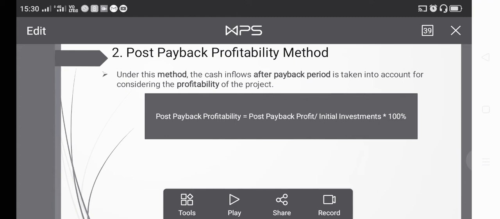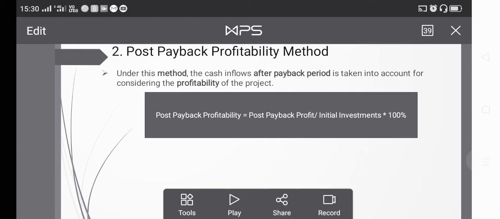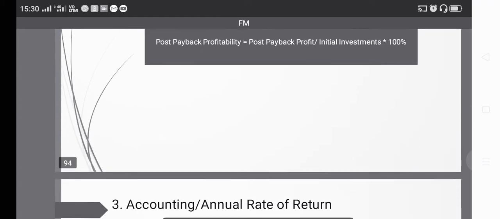For project B, it will be 40,000 per year for 4 years. So 40,000 into 4 is 1,60,000, and 1 lakh is the initial investment. So 1,60,000 minus 1 lakh is 60,000 rupees, and we calculate profitability by dividing this 60,000 by the initial investment of 1 lakh rupees, that is 60%. So we'll select the second option, project B.